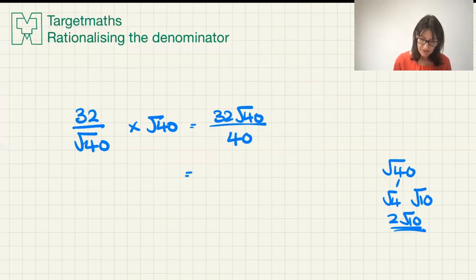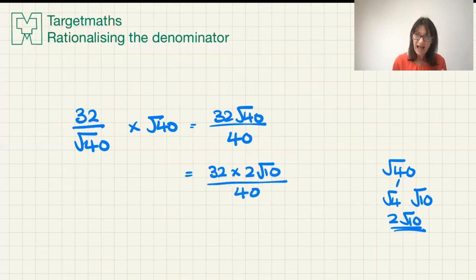So let's show that over here. I've now got 32 times 2 root 10 all over 40. And then I can start cancelling. I can start making this smaller. I could cancel at that point, or I could go straight into getting my 64 over 40. Sorry, let's get that big enough. And now it's squashed up to that root 10.